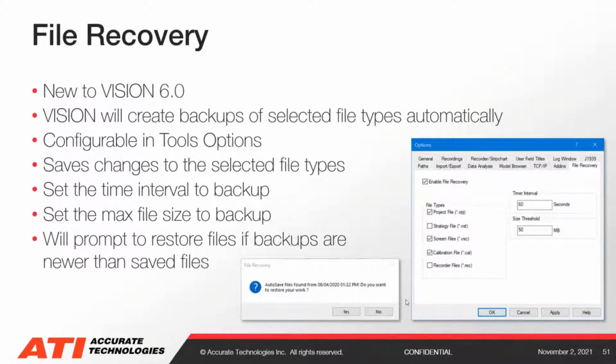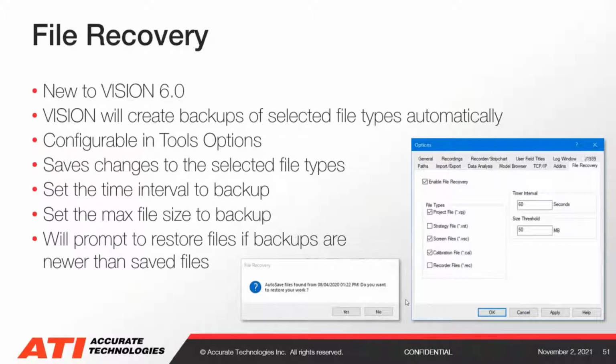It's not really autosave, but file recovery found some file recovery events, and it doesn't match what you're trying to open. Do you want to restore? And it will restore the data that was last backed up, I guess you can say.